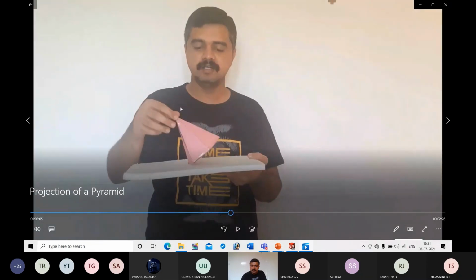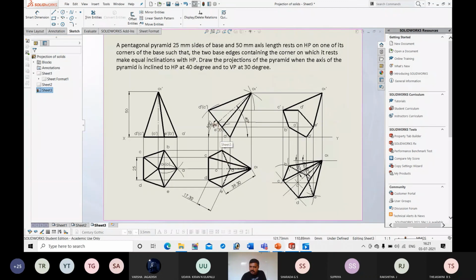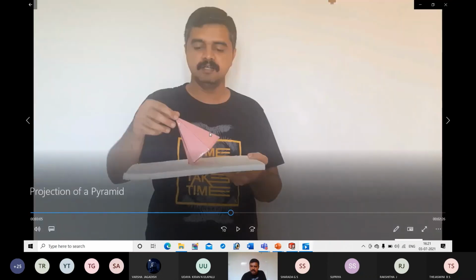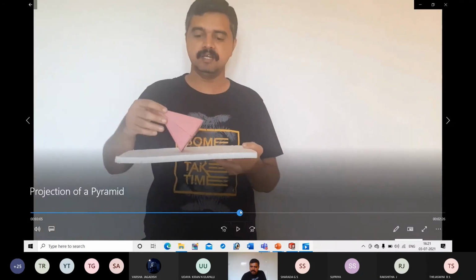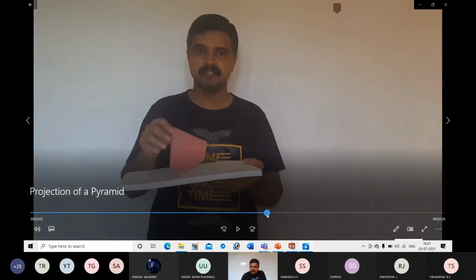So here you are looking from top. You cannot see base. Since base is far up compared to apex, you cannot see in top. That's why in second top view, base is invisible like this. In final front view, base is visible because it is nearer to you, nearer to observer.